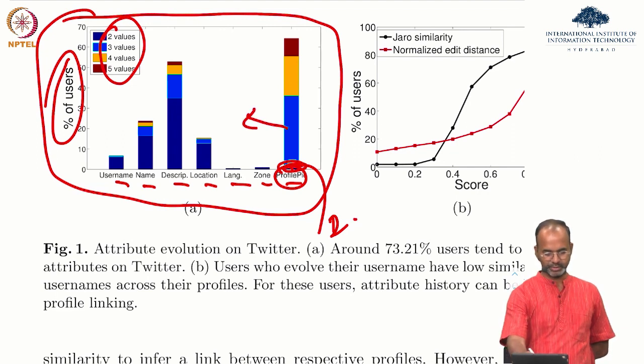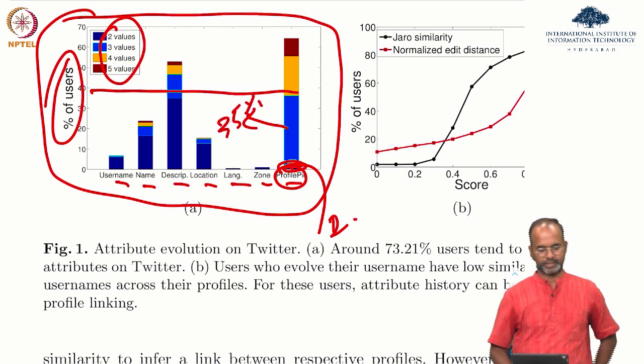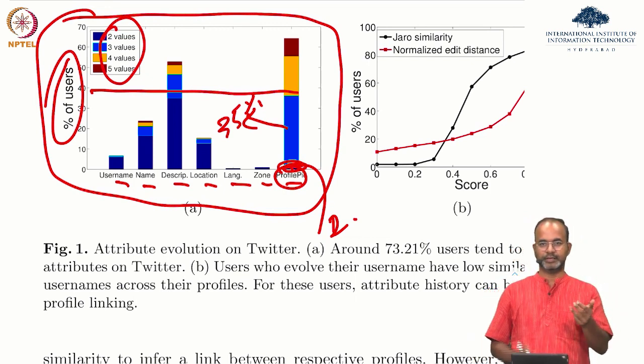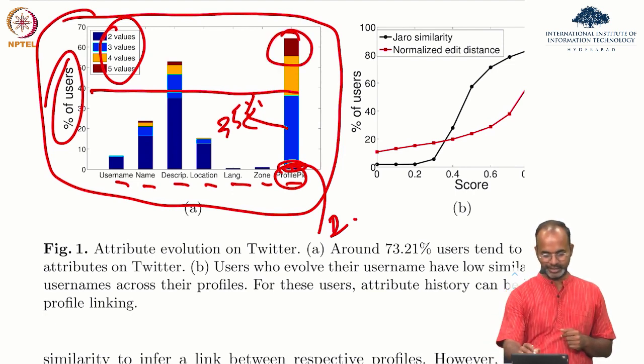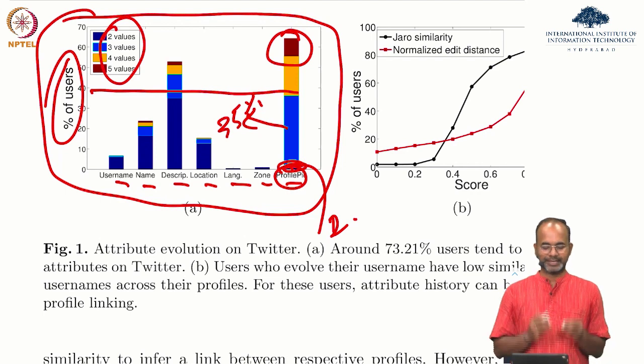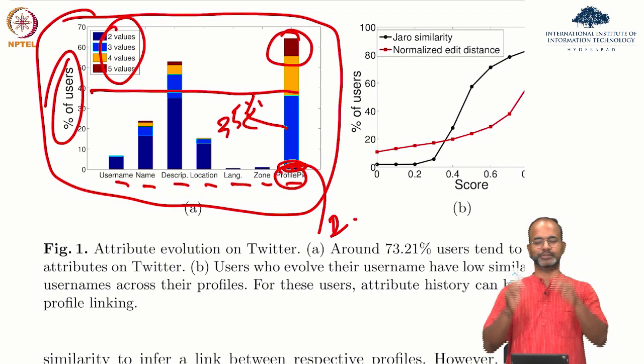This one is probably 40% or 35% of users changed their profile picture 3 times in the period in which the data was collected, which also would show that about 10% of the users actually changed their profile picture 5 times during the time the data was collected.